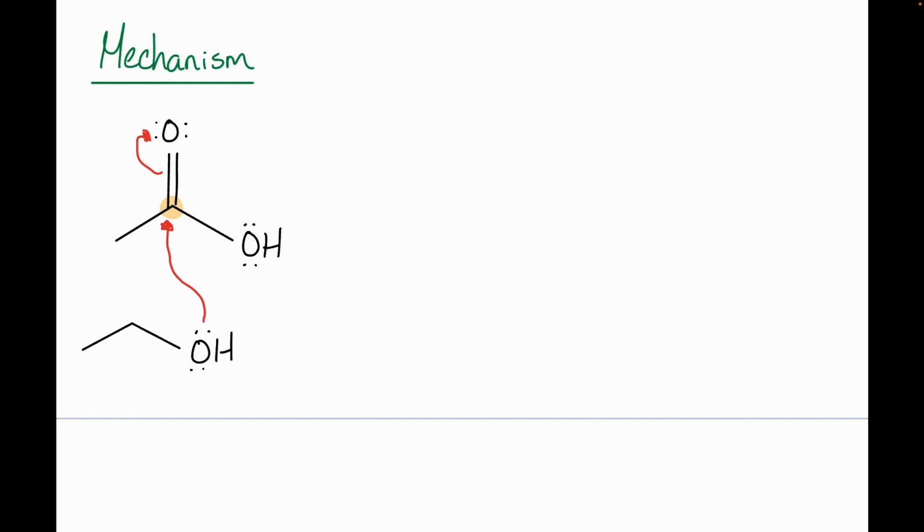I'm going to protonate that oxygen. Absolutely. We use these proton transfer steps to help manage our charges, and that's exactly what we're going to do here. We're first going to protonate that oxygen.